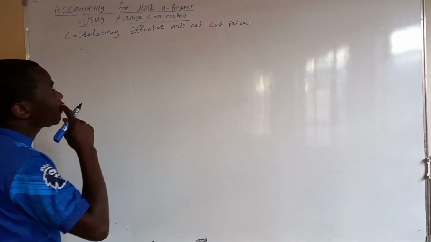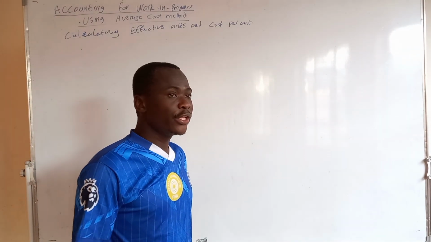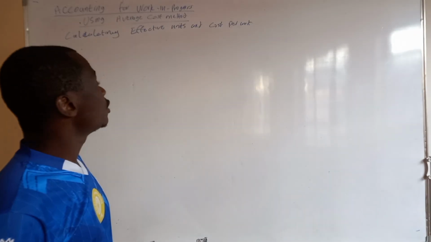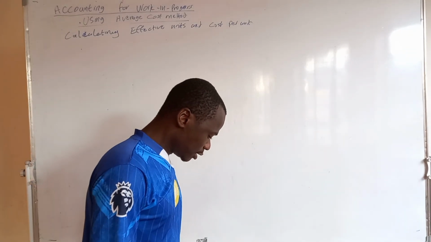Sorry for this. This simply means the equivalent unit of what we have worked on within the period. This means equivalent unit of what we have worked on during that period.